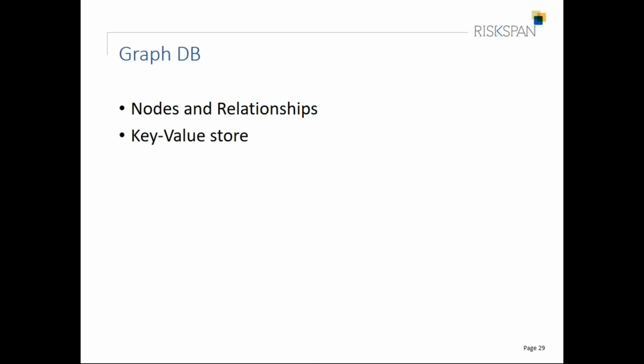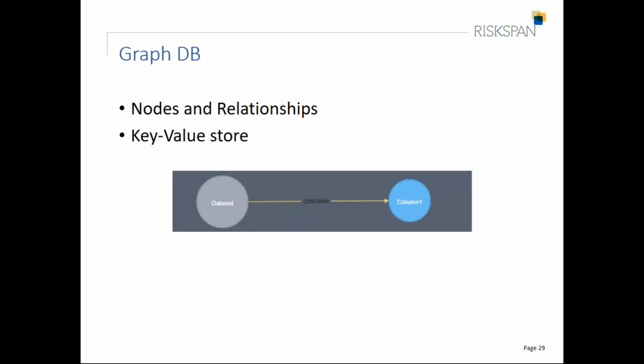Both nodes and relationships can hold data in the form of key value pairs, but they are tremendously flexible. So nodes and relationships can have labels on them and also have the data stored within them, but the fundamentals are that nodes have relationships to other nodes.